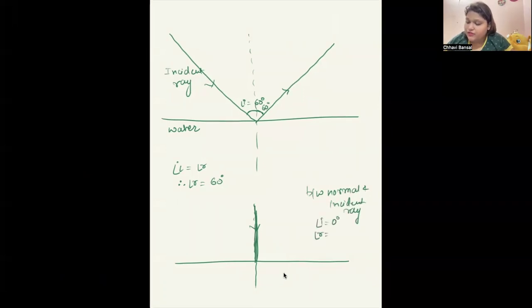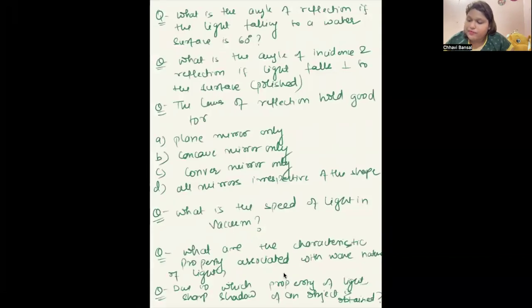Therefore, angle of reflection will also be equal to 0 degree. So whenever the light comes perpendicular to the surface, it reflects back in the same path. There is no cone formation. It will come straight, it will go back straight. Okay, so this is the next example where angle I is equal to angle R. So here angle of incidence will be 0 degrees and angle of reflection will also be 0 degree. Fine. Is it clear? Next question.